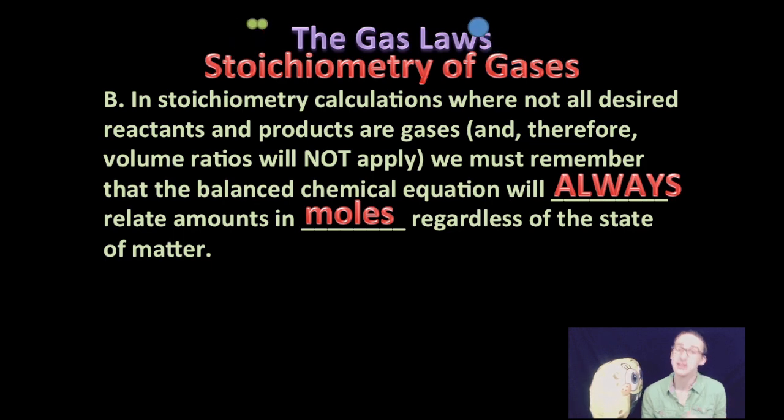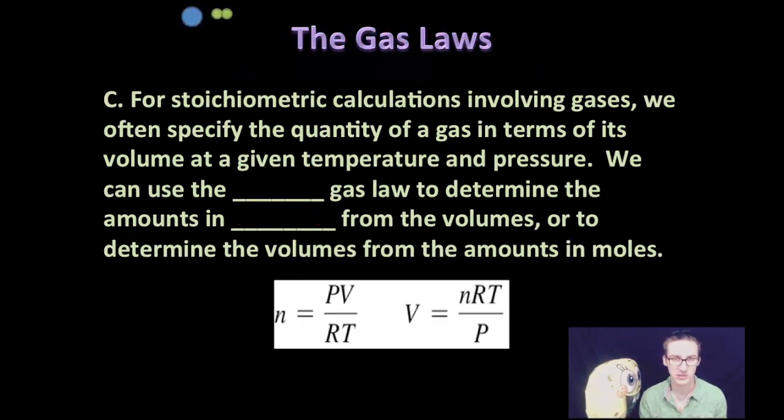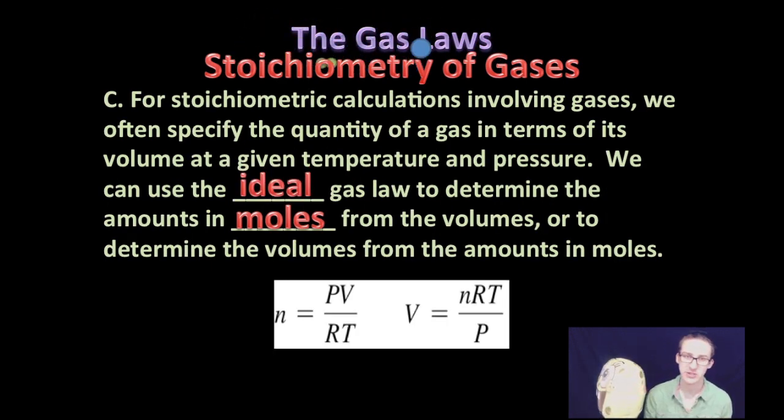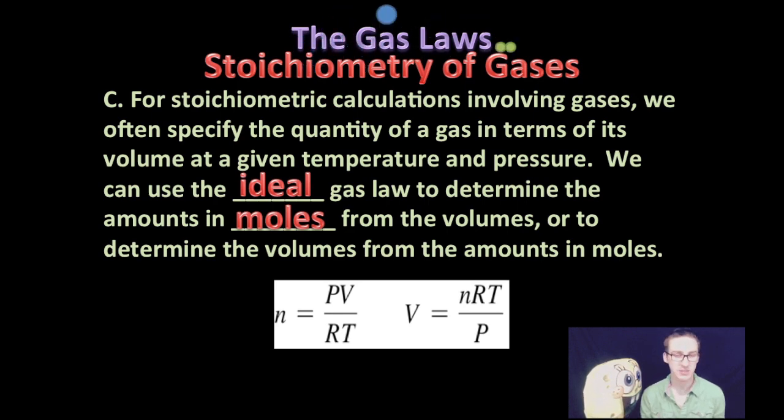But with gases, it can also represent volumes. So when we're talking about stoichiometric calculations involving gases, oftentimes we're given the pressure and temperature conditions under which the volume of the gas is measured. We can then use the ideal gas law to determine the amounts in moles simply by rearranging the equation, or determine the volumes from the amounts in moles.